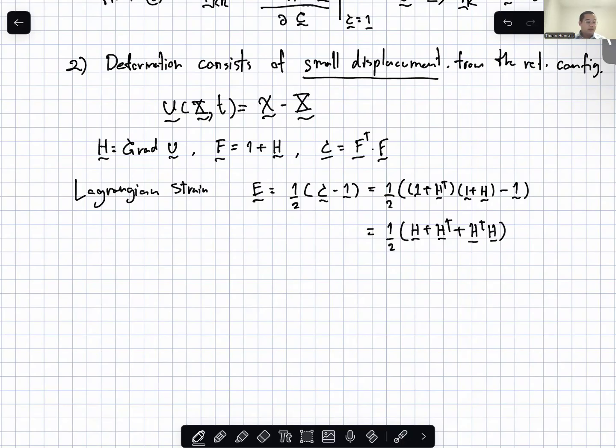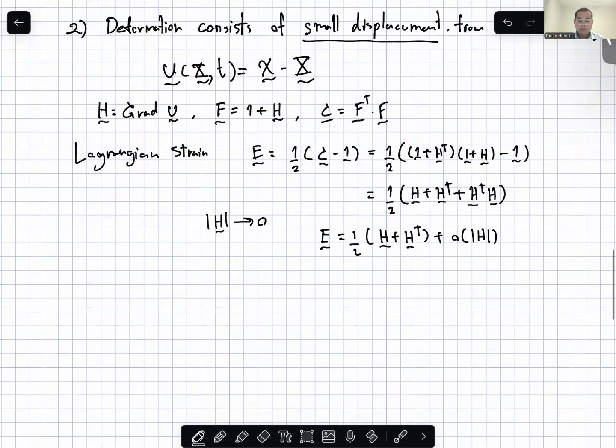Okay. And for the small deformation, so what is a small deformation? So we take that the magnitude of H reaches 0. So we're going to have this one as 1 over 2 times H plus H transpose plus the little o of the terms that are relatively small, smaller than H. So it's just the higher order term.